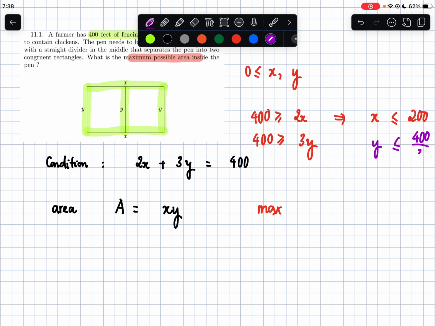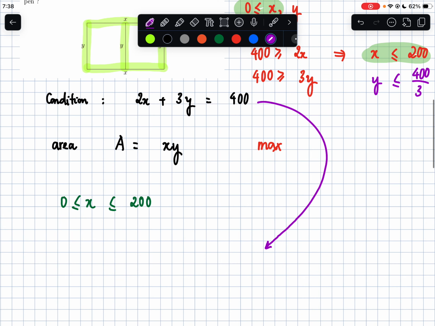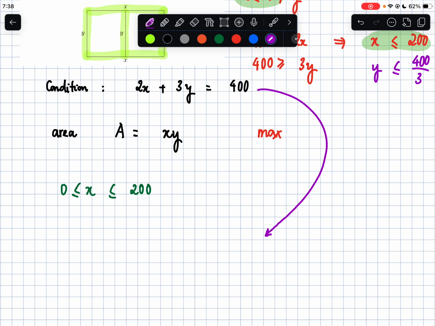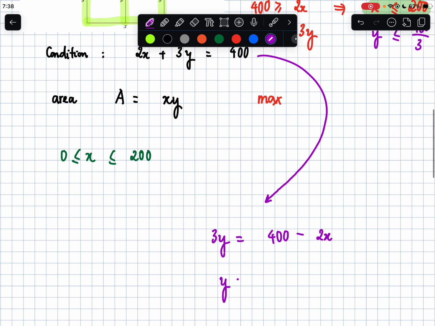So remember that x is at least 0, at most 200. And because of this formula, we know that 3y equals 400 minus 2x, so y equals (400 minus 2x) over 3.